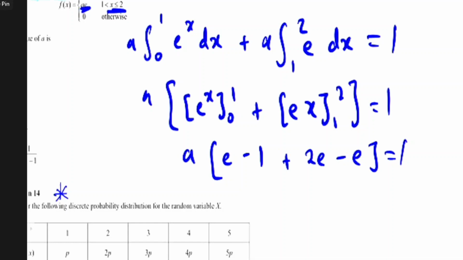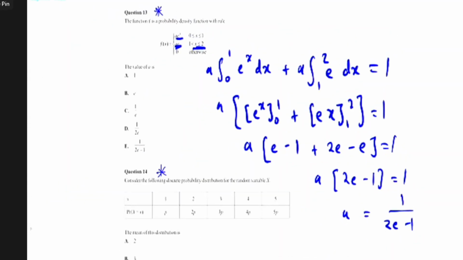So 2e minus 1. And yeah, that gives you e. Everyone understand that, right? This one, everyone understand?